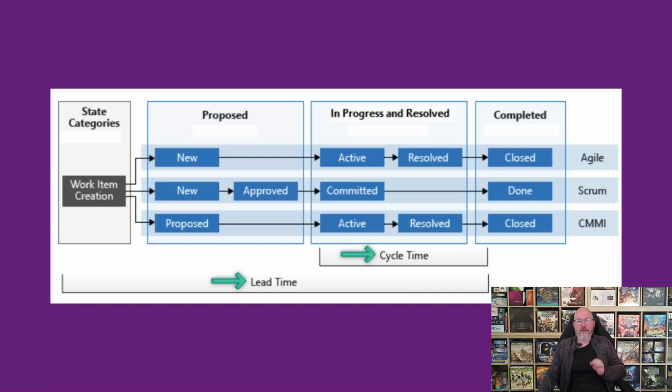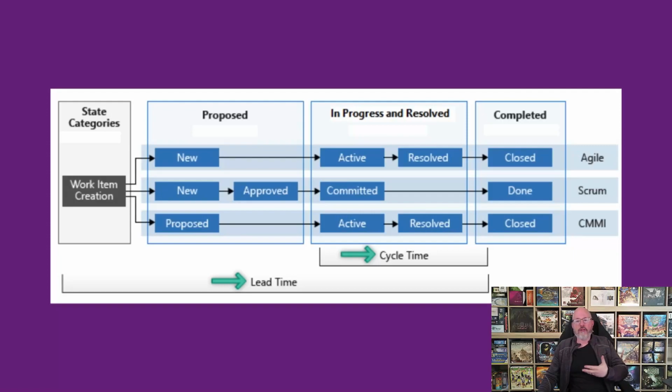I usually use approved or some kind of second state to indicate that the person who manages that backlog, or the team themselves, has agreed that they're probably going to do it. That's where it's approved. We're going to work on it. That's why I would like lead time to start there, but you can't have everything.